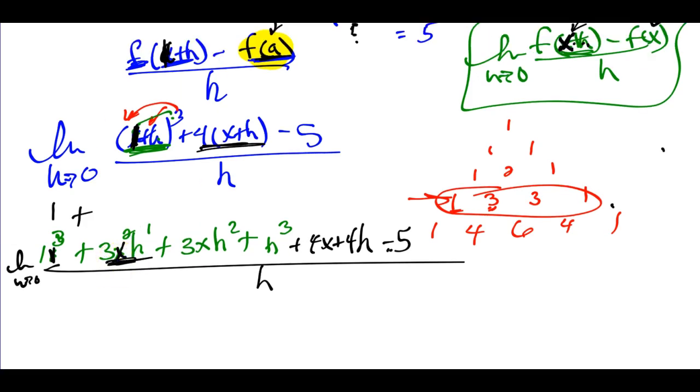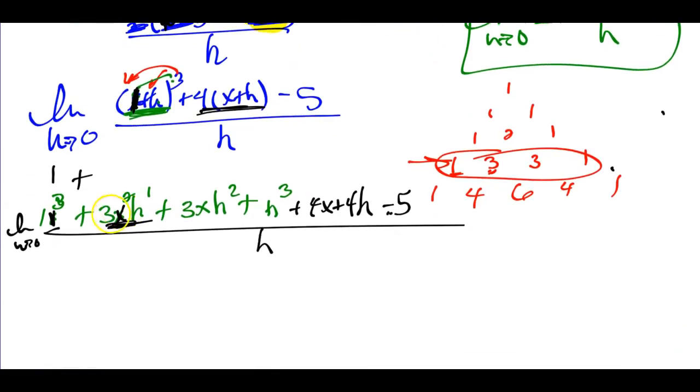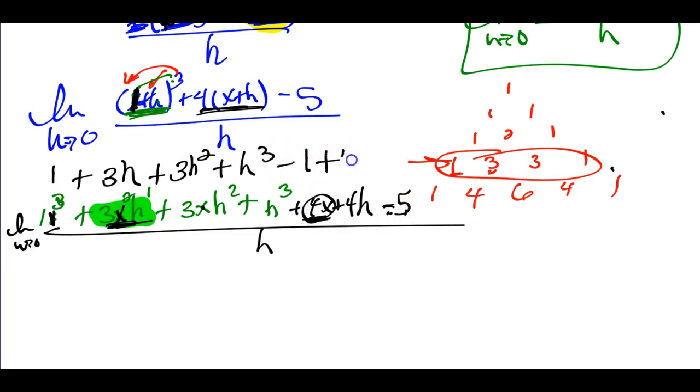If I let x be 1 through this thing, which it says I should be letting x be 1, given as the a value, then this goes to just 3h plus 3h squared, because I just have x to be 1, plus h cubed plus 4 minus 5, which gives me a minus 1 plus 4h. And there's what I was looking for.